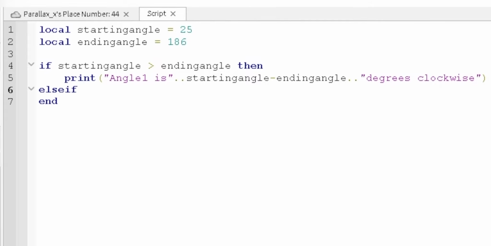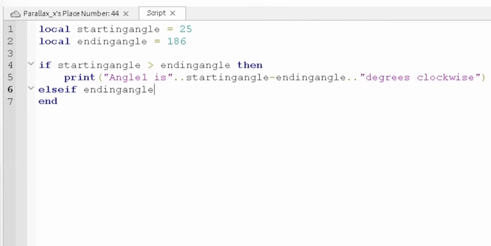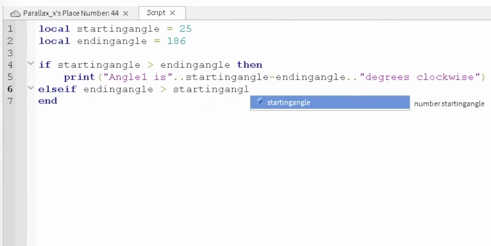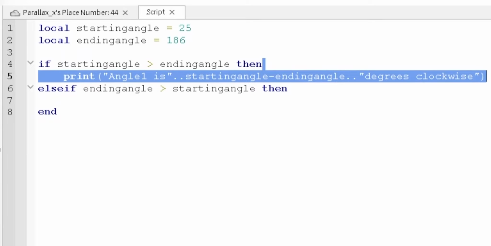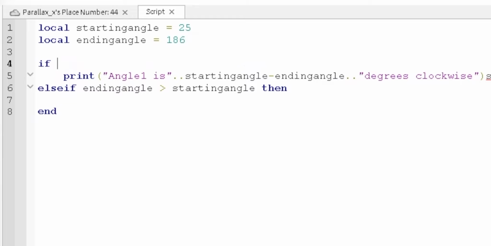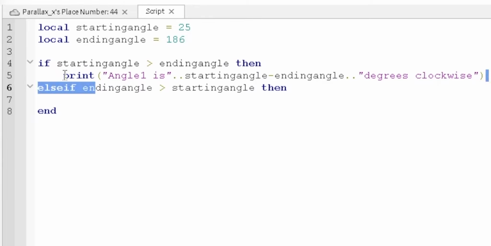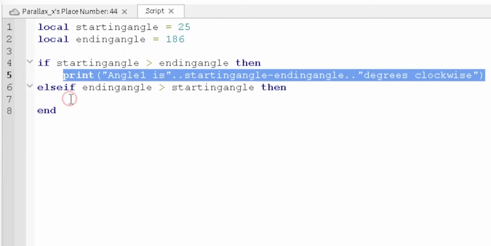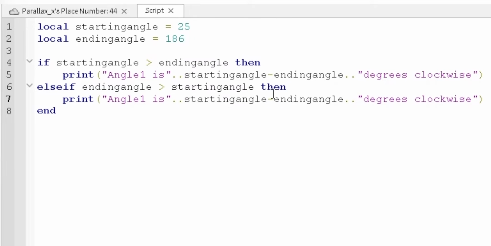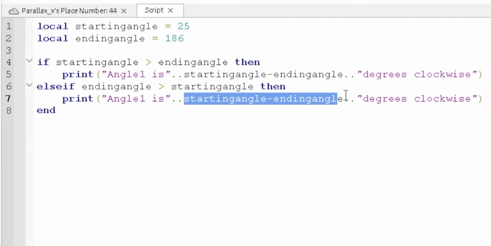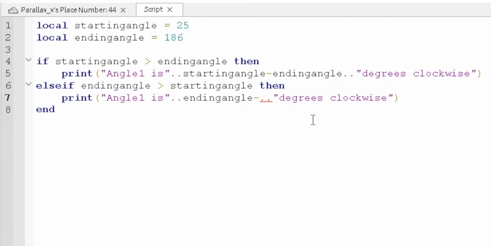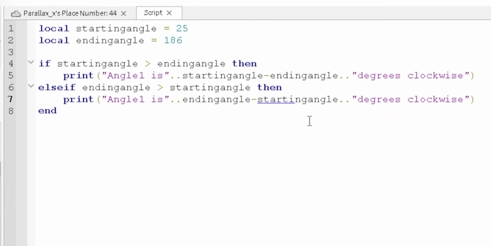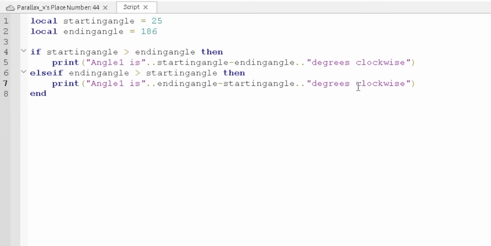So else if ending angle is greater than starting angle, then I'm just gonna grab this whole line, paste it down here, and then instead of right here, you do ending angle minus starting angle, and then degrees counterclockwise because you're going the opposite direction.